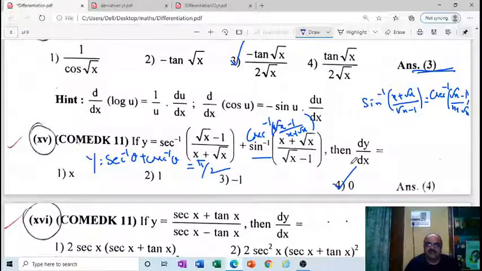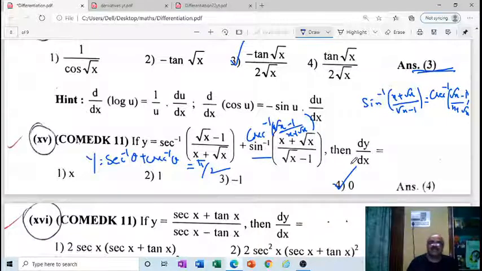Very simple, very important concept, and you need to be very careful. If this is not seen by you, and you go simply substituting the values, whatever formulas you have learned for secant inverse, sine inverse, and go on substituting that, it becomes a very lengthy problem.